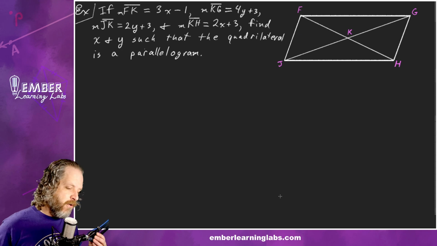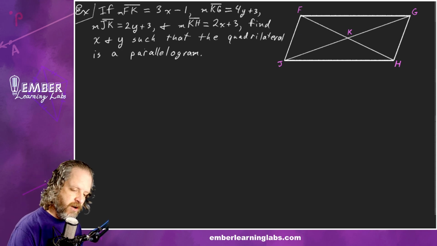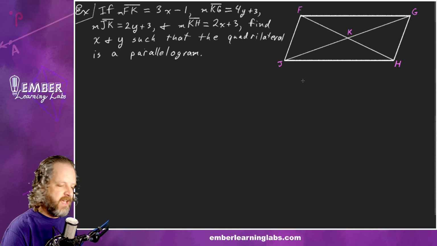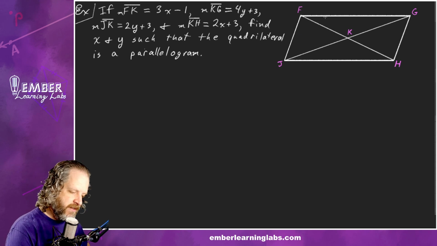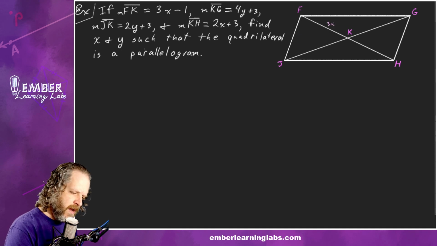In order for this to be a parallelogram, these two diagonals have to bisect each other. The first thing I'm going to do is label on the picture what's given, because that makes our life a little bit easier. FK is this one, so that's 3x minus 1. That's this diagonal right here.